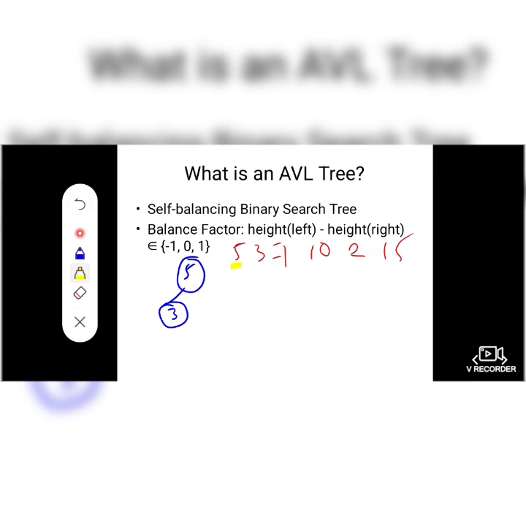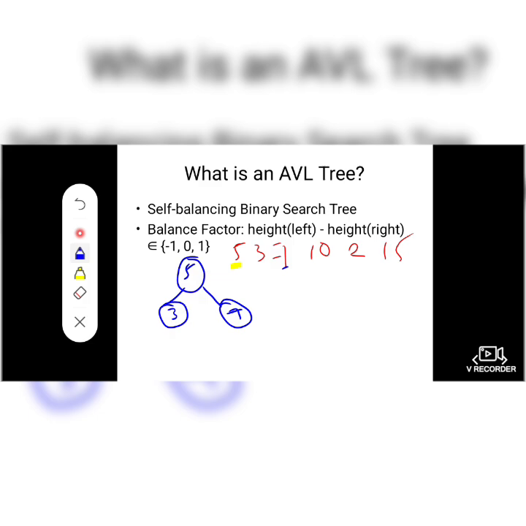Next we insert 7. 7 is bigger, so we insert it on the right side. Again we check the balance. Here 0, here 0, 1 minus 1 is 0. So it is balanced.